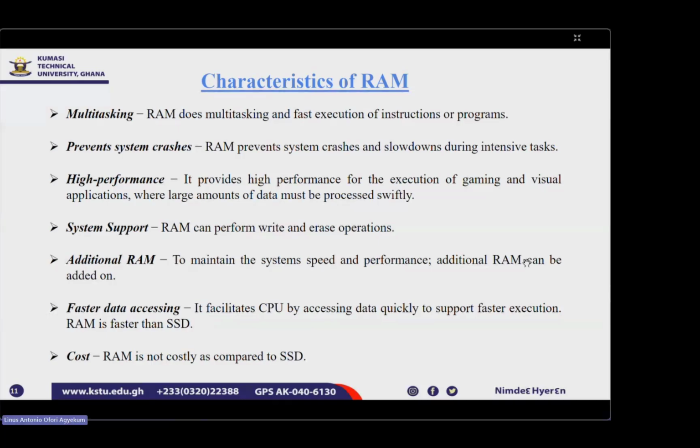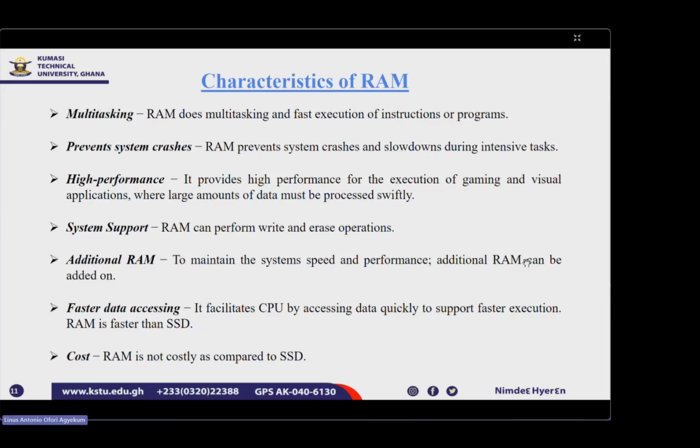These are all factors that can affect the performance of the computer. But granted that all these parameters are the same, then we can check the performance based on the size of the RAM. Please, is that clear? Yes, sir. Okay, let's progress.